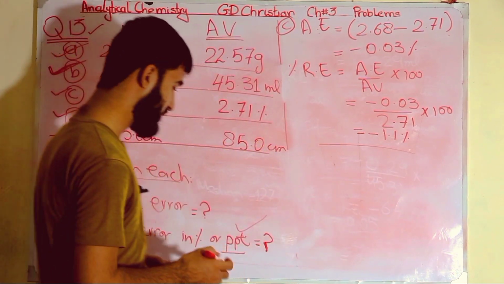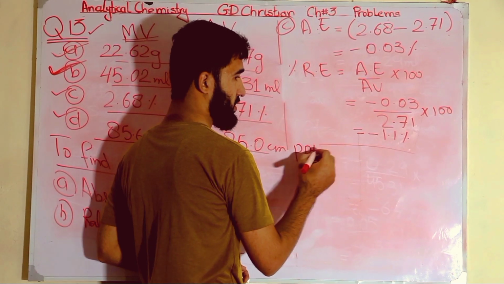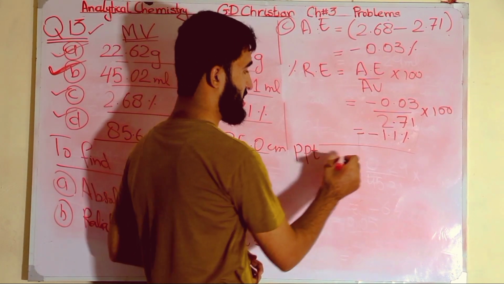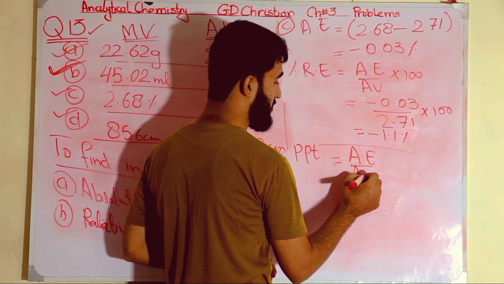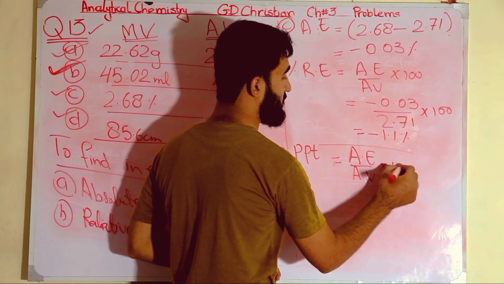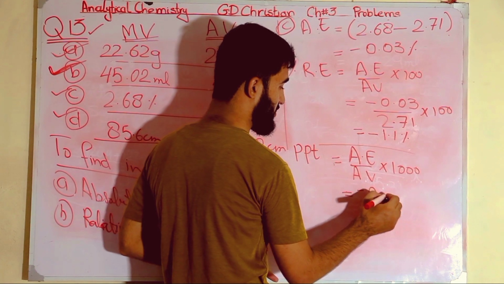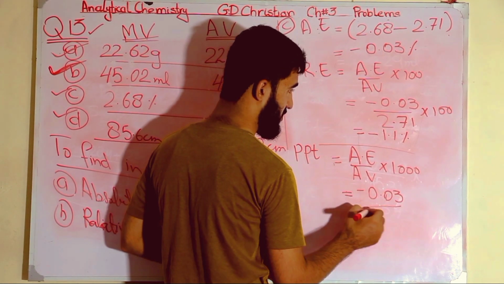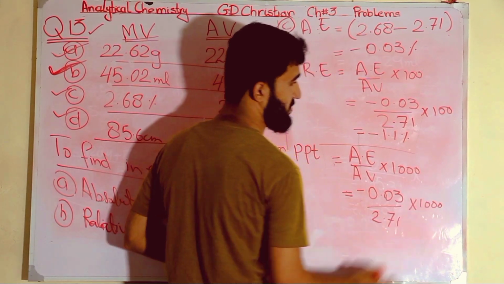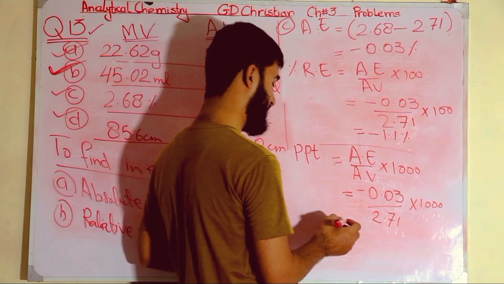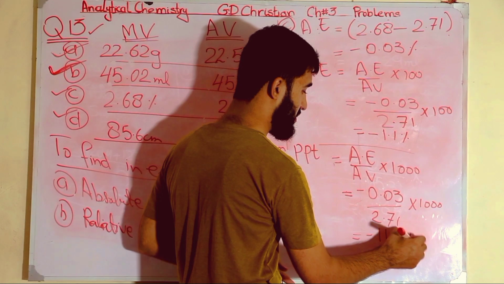Now we have to calculate parts per thousand. PPT is equal to absolute error over accepted value multiplied by 1000. By putting the value 0.03 absolute error over 2.71 multiplied by 1000, we obtain the answer, which is equal to minus 11 PPT.